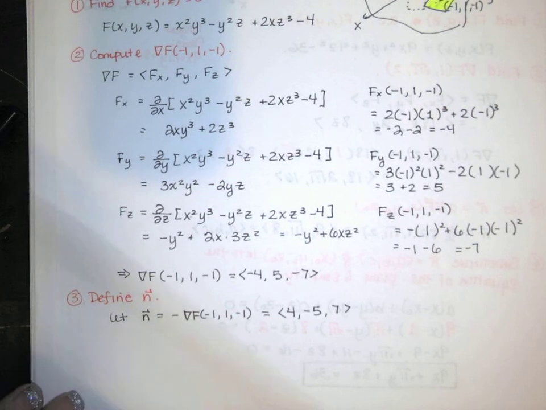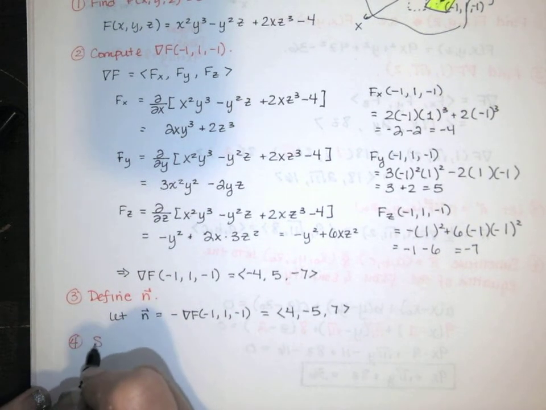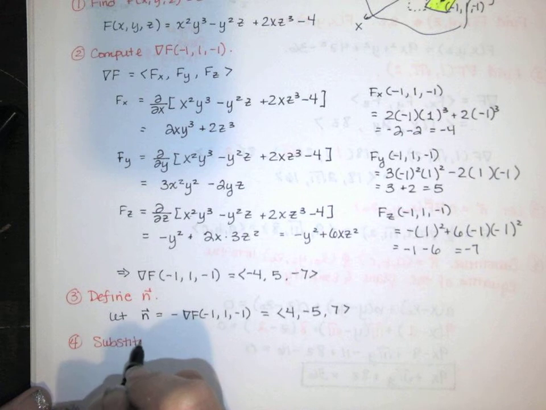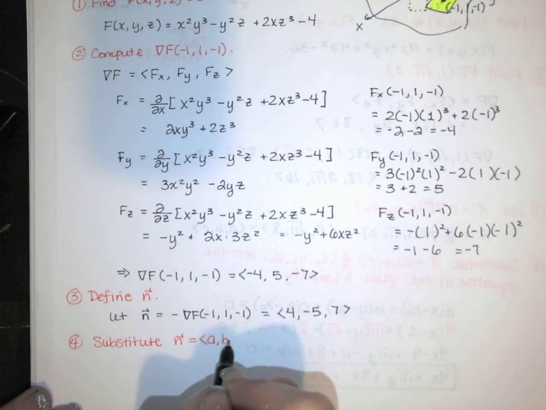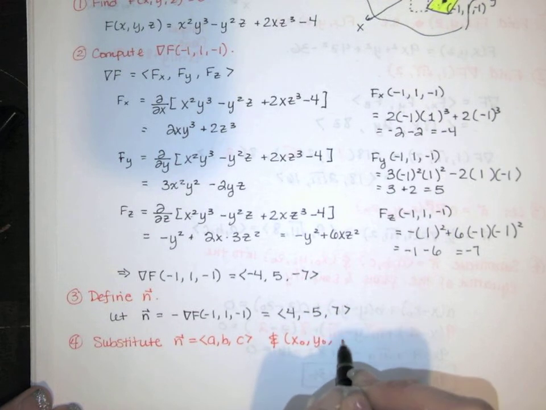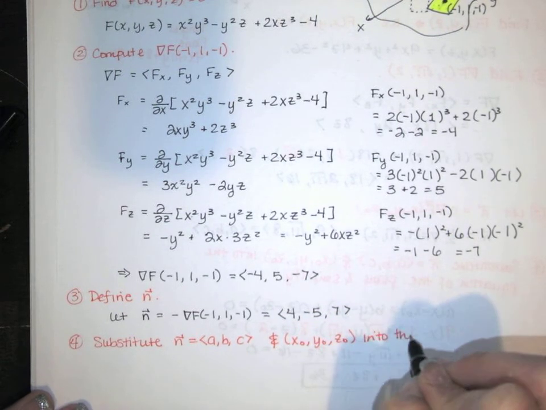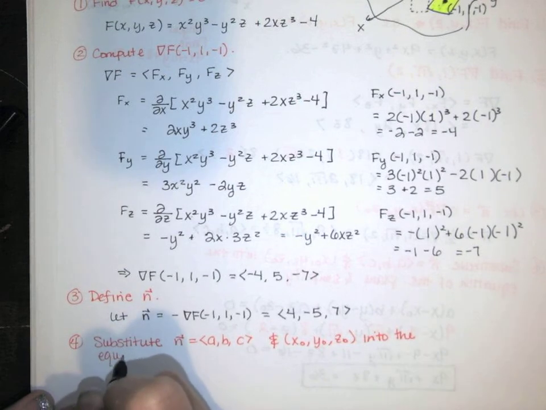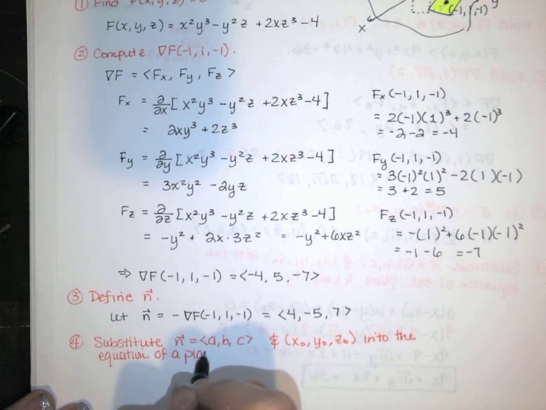And then I take my normal vector with components a, b, c, and the point x naught, y naught, z naught, into the equation of a plane. And then simplify.